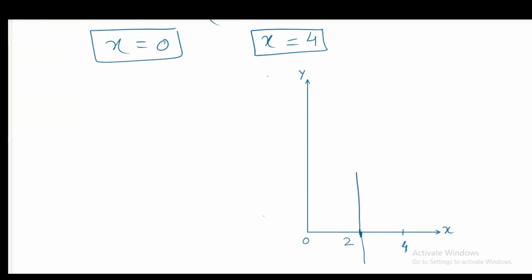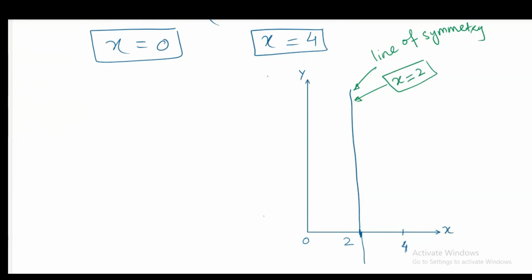This is the line of symmetry, and the equation of this line of symmetry is x equals 2.